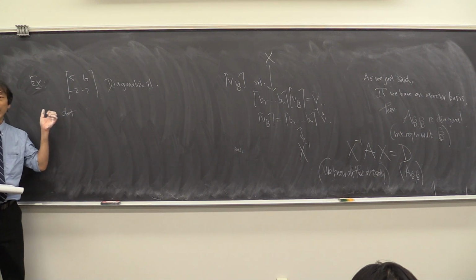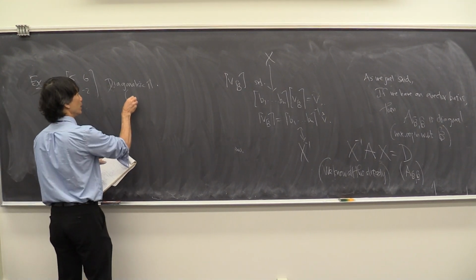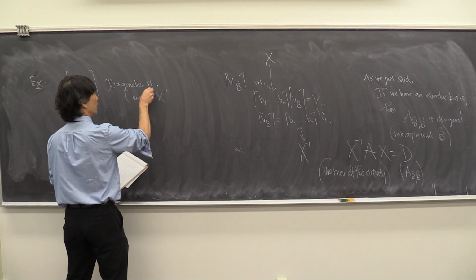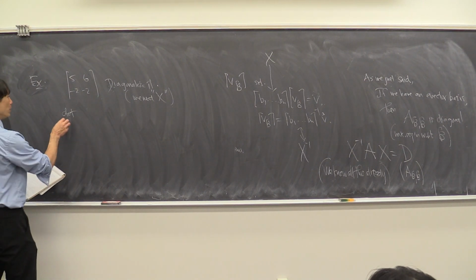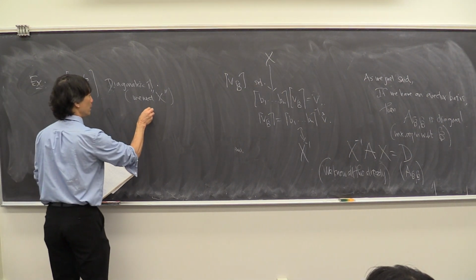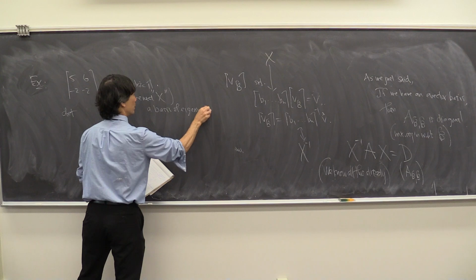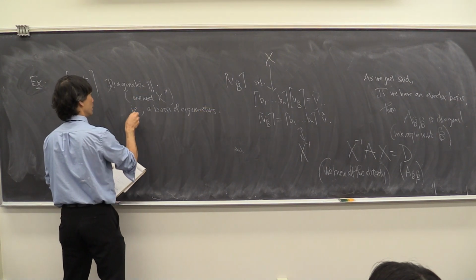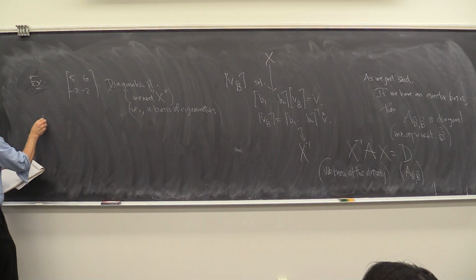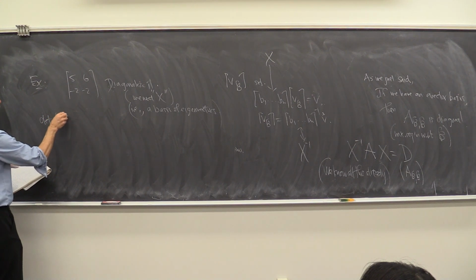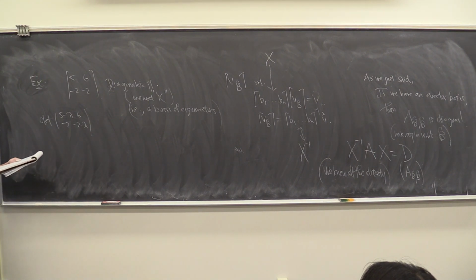In order to diagonalize, we need an eigenvector basis, we need X, so that we can diagonalize with X. So we need the eigenvalues, which means we need to calculate the characteristic polynomial.